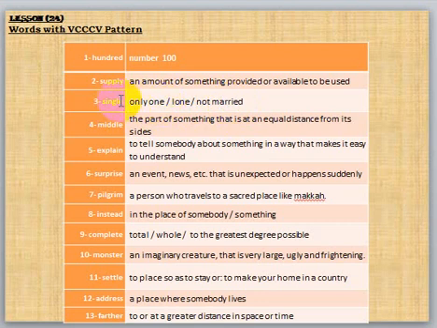Okay, number 4, middle, the part of something that is at an equal distance from its sides. For example, if you are in the middle of the room, it means on your right, the same distance, and on your left, the same distance.